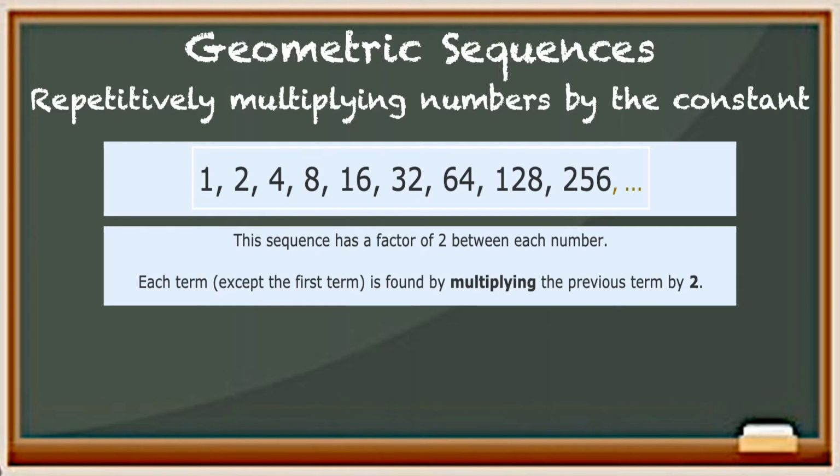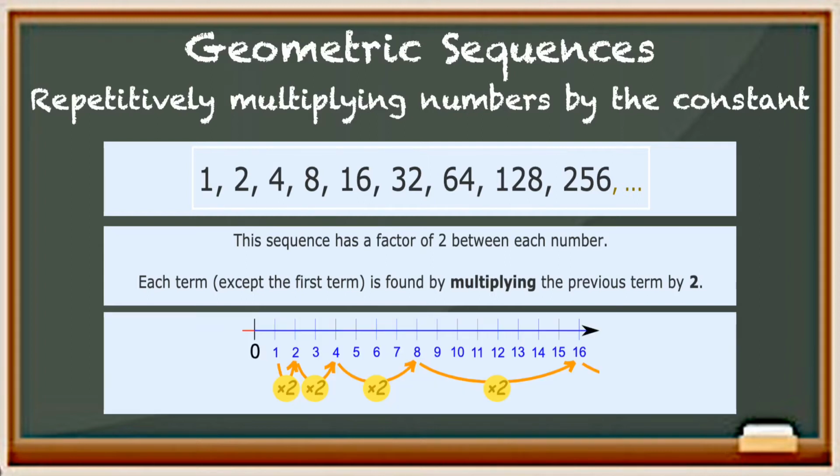So to put it visually, we can use the following number line. We will be using the first 5 terms. So 1 times 2 gives you 2. Then 2 times 2 gives you 4. 4 times 2 gives you 8. And 8 times 2 is 16, and so on and so forth. So that's basically how it's done.